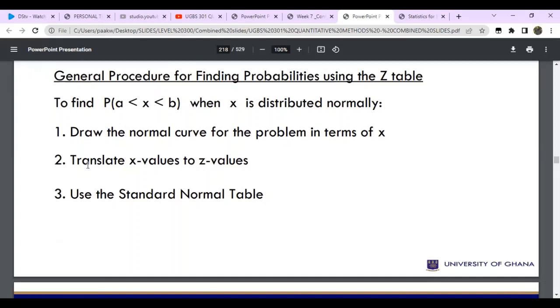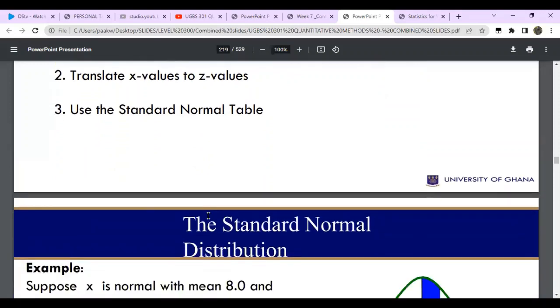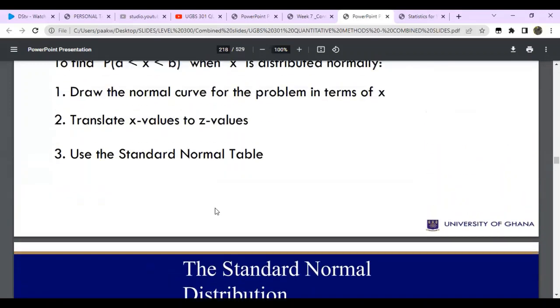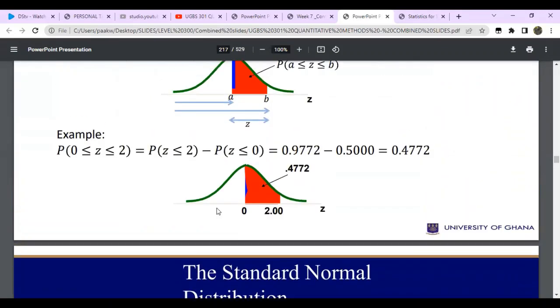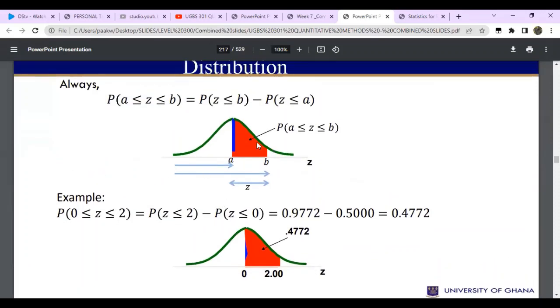So first of all, you translate X values into Z values. You get it? Then you draw your curve using your Z values. Then use the standard normal table to solve for it. You get it? So we come back to this part.